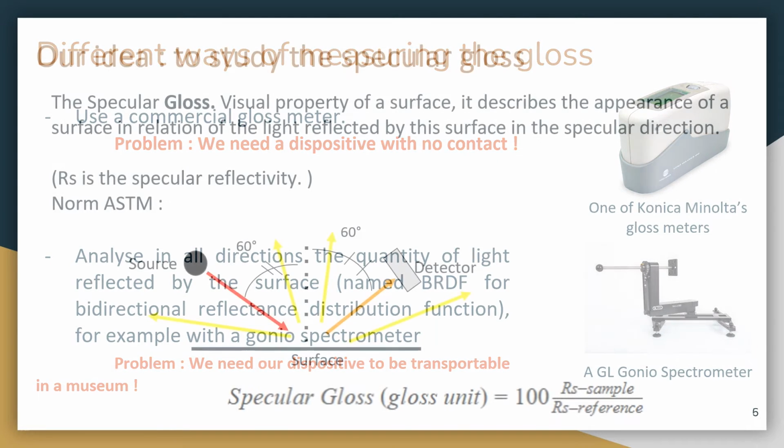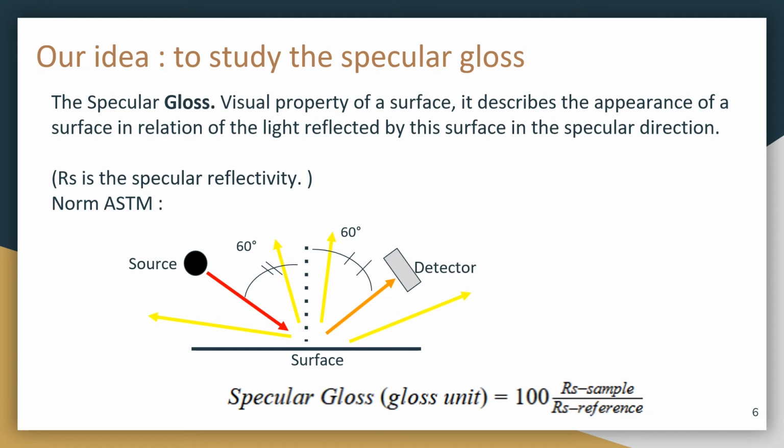So our idea is to study the specular gloss. What is a specular gloss? It's a visual property of a surface. It describes the appearance of the surface with the way the light is reflected by the surface in the specular reflection. For example, here we have the formula of the specular gloss.